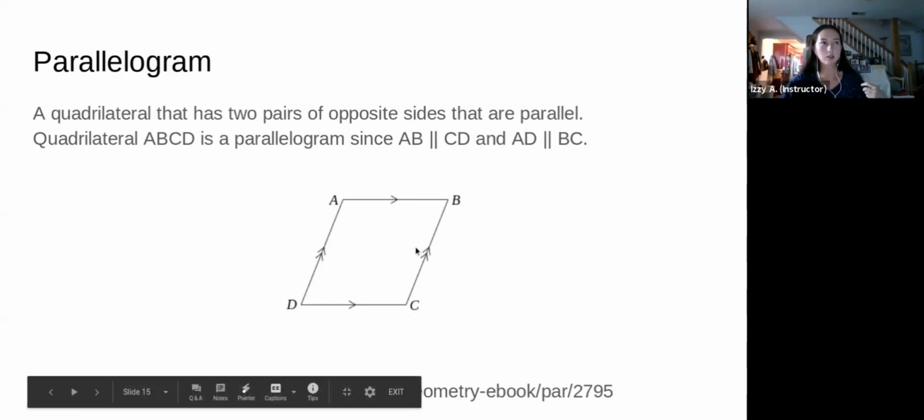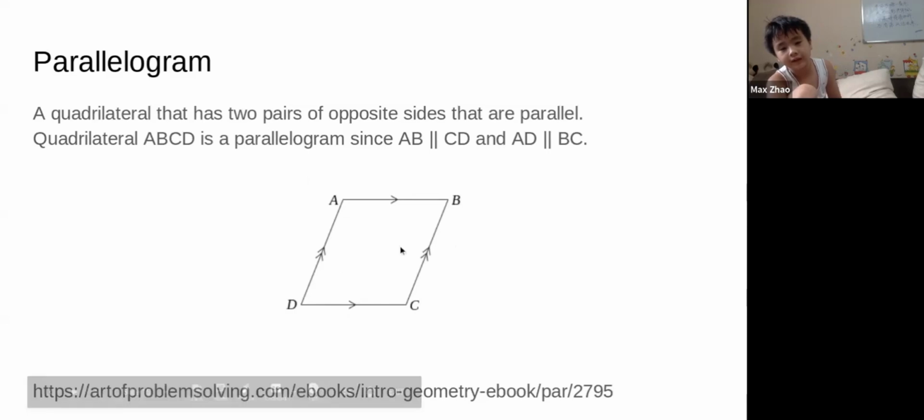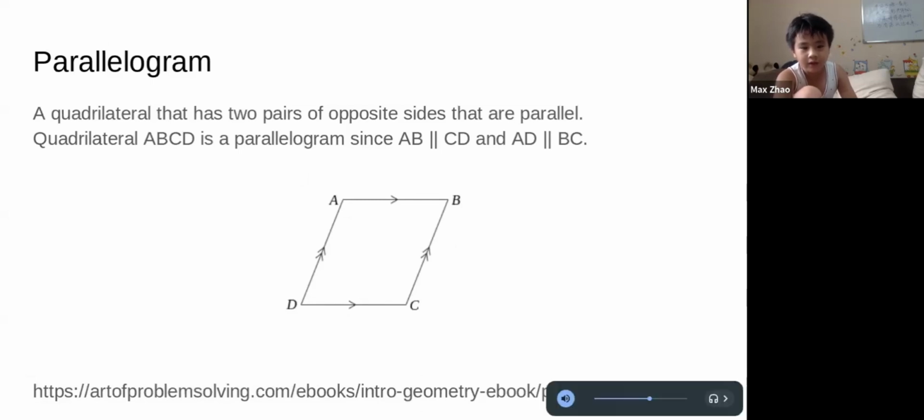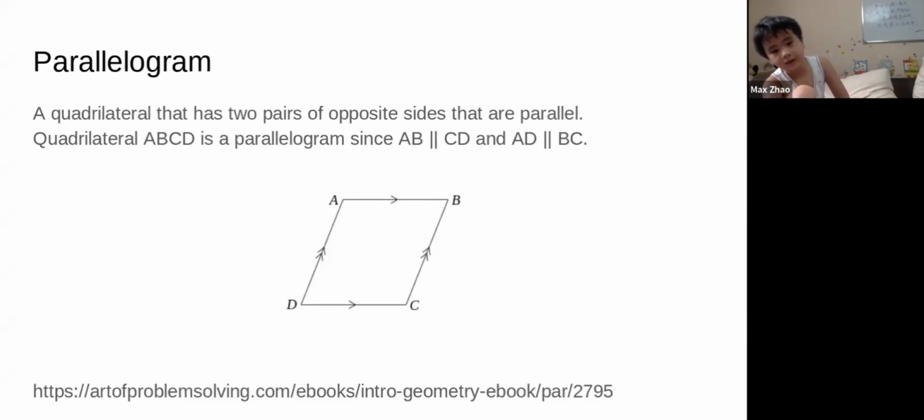So this shows that, in order for AB to be parallel to CD and AD to be parallel to BC, the length of CD and AB is going to be the same, and AD and BC are going to be the same length as well.